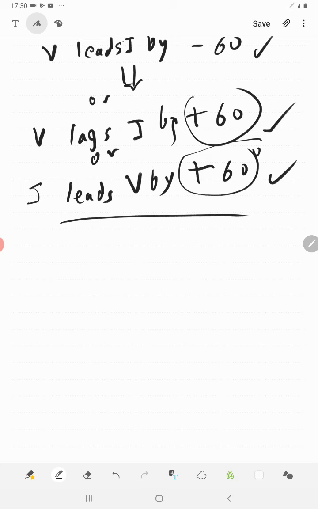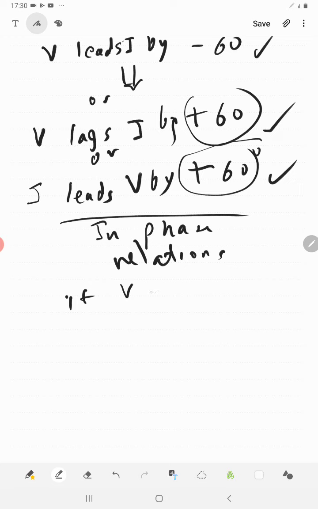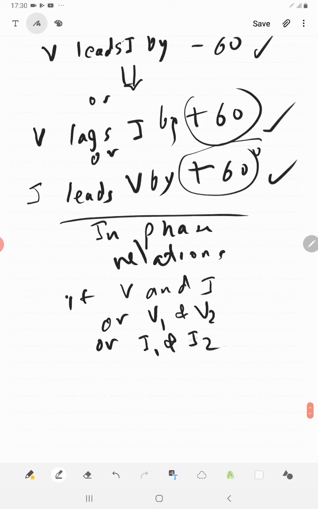Before doing that, in phase relations, if V and I, or V1 and V2, or I1 and I2, see the phase relationship is not necessarily between voltages or between currents. It can also be between voltage and current.